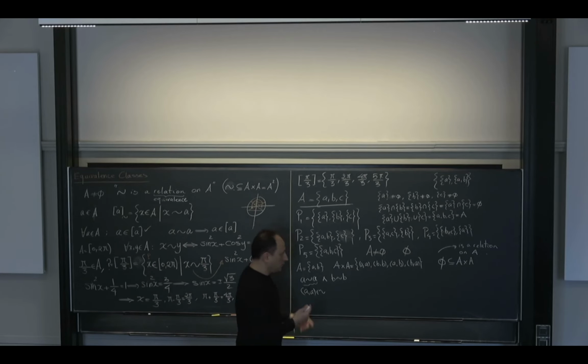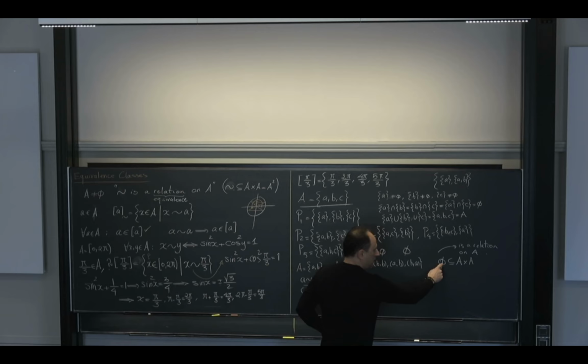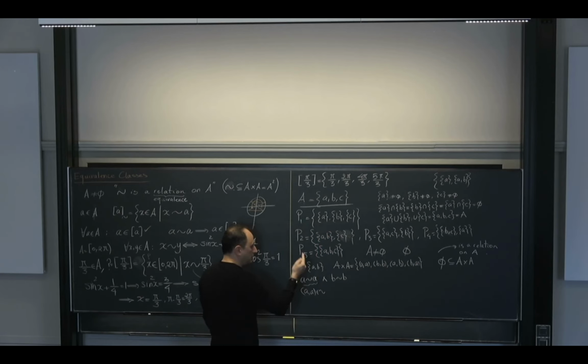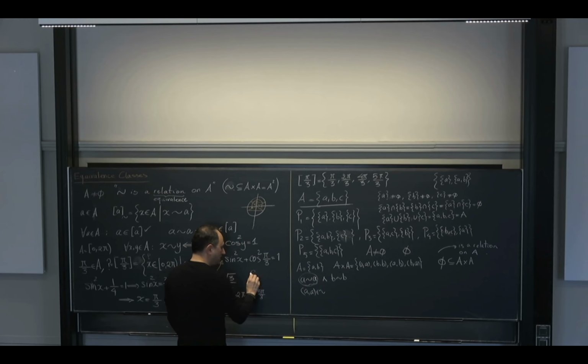So this is important to understand. The empty set is a relation, but is it a reflexive one? No, because if it is supposed to be reflexive, every element from my set should be related to itself. Do you remember what this notation meant?